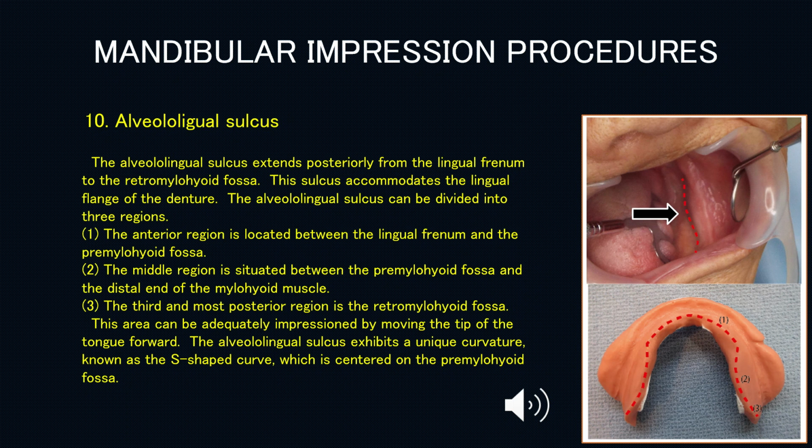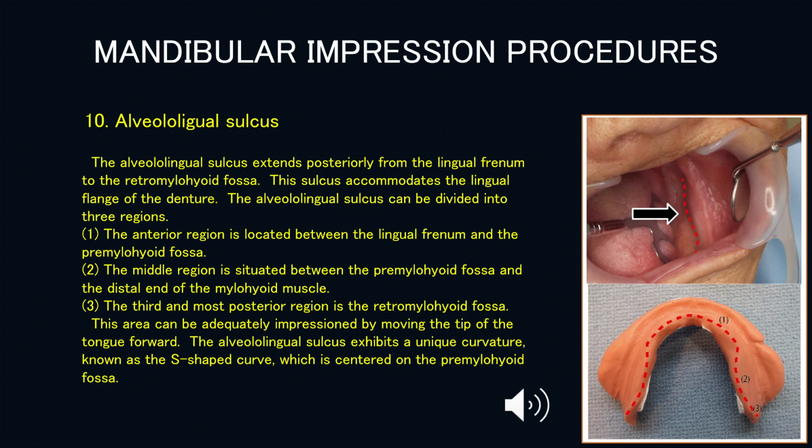1. The anterior region is located between the lingual frenum and the premylohyoid fossa. 2. The middle region is situated between the premylohyoid fossa and the distal end of the mylohyoid muscle. 3.